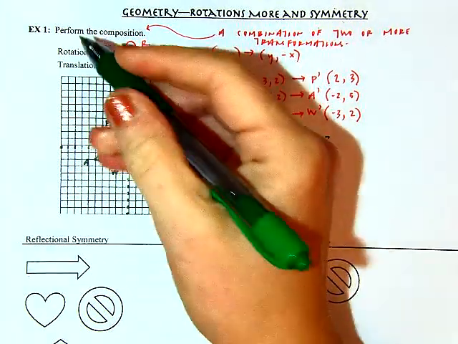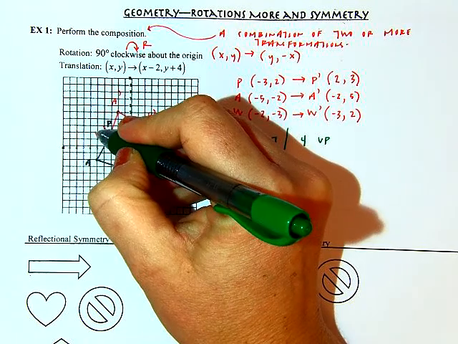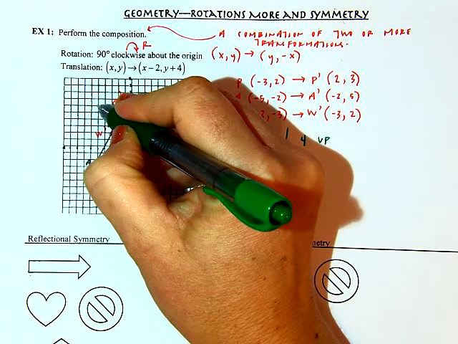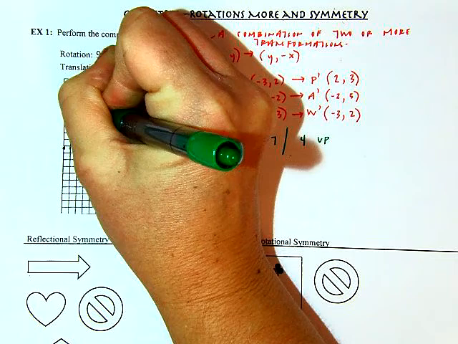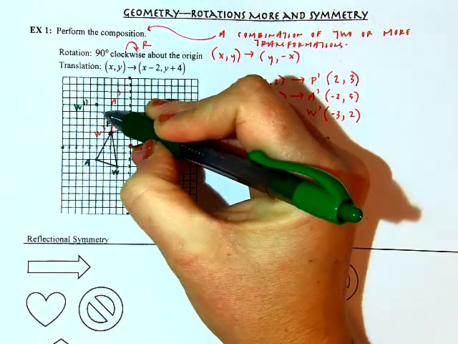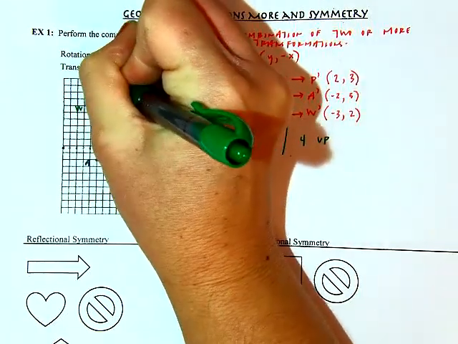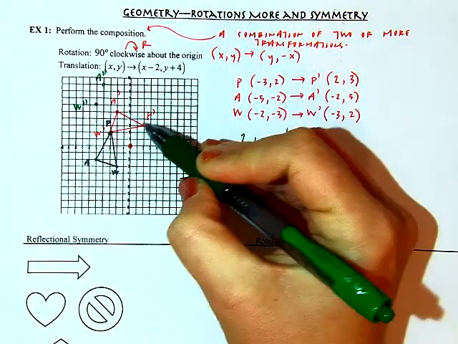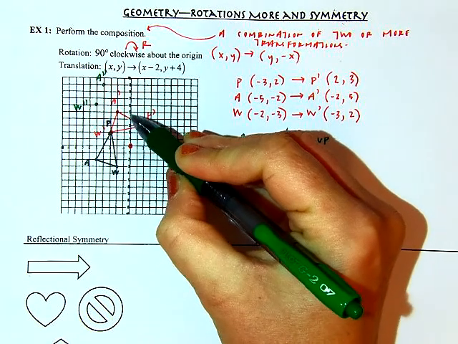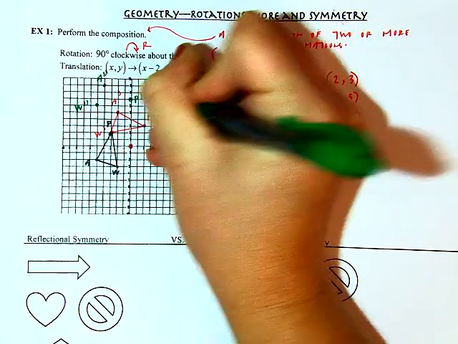Let's say I start with the W prime. So 2 left and 4 up. Here's going to be my W double prime. For A, 2 left, 4 up. Here's A double prime. And then for P, 2 left, 4 up. Here's my P double prime.